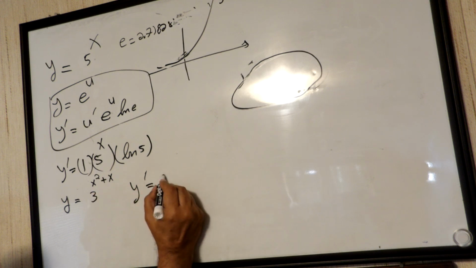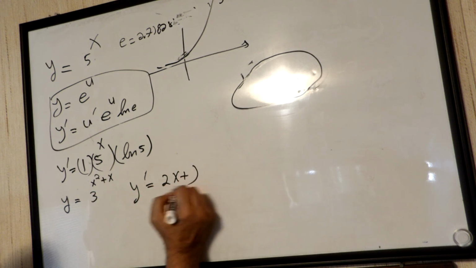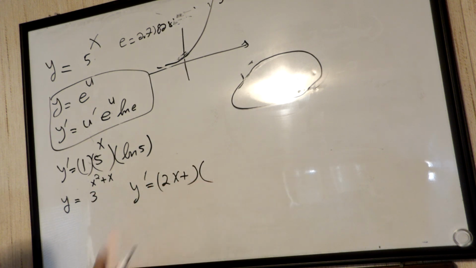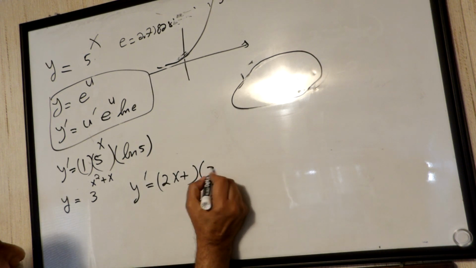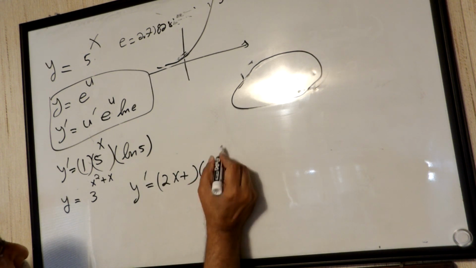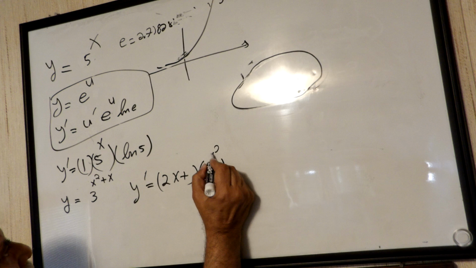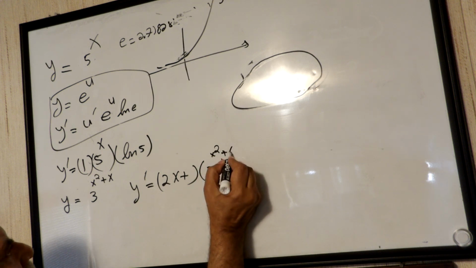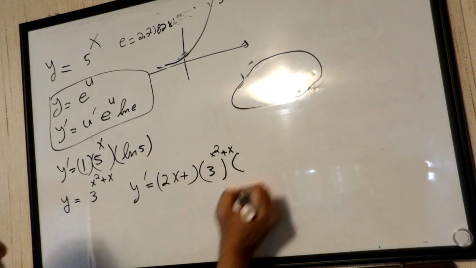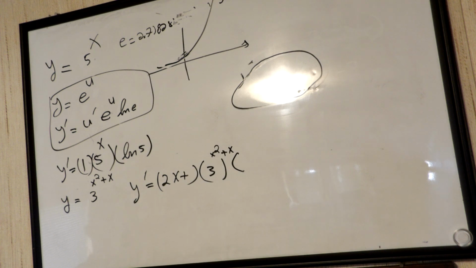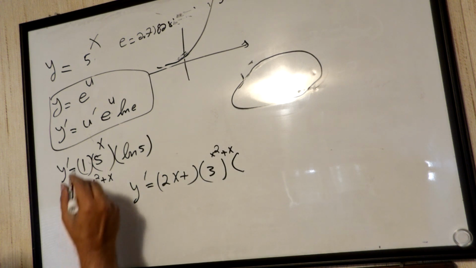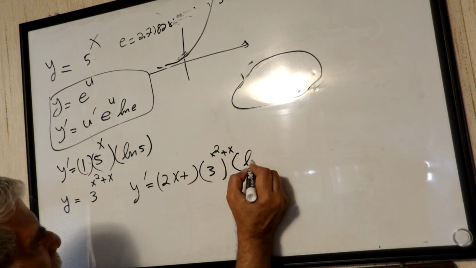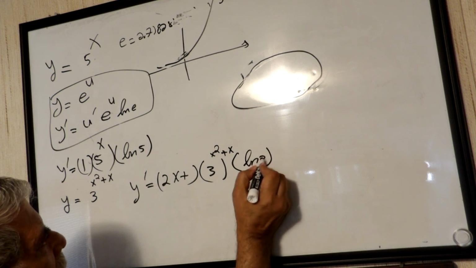U prime is 2x plus 1. Then you write the multiplication and exactly this one, 3 to the power of x squared plus x, and then you write ln 3, ln of the base, ln 3.